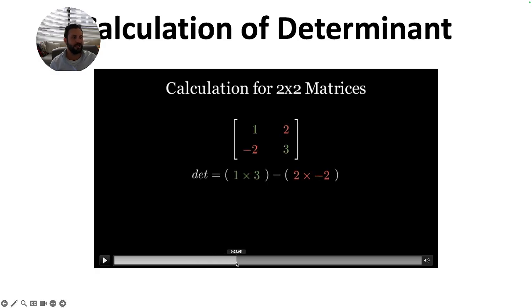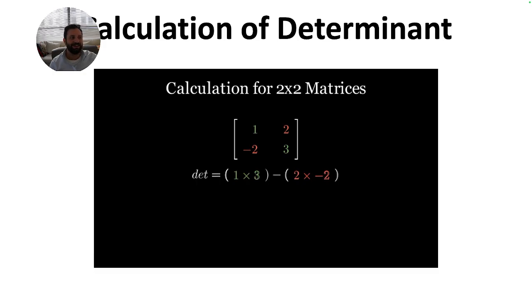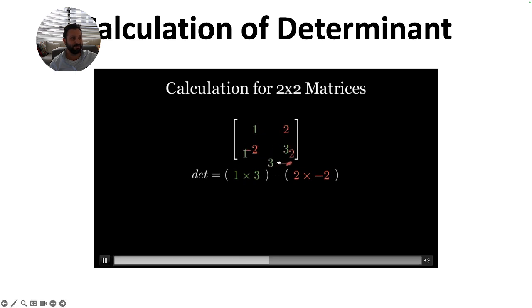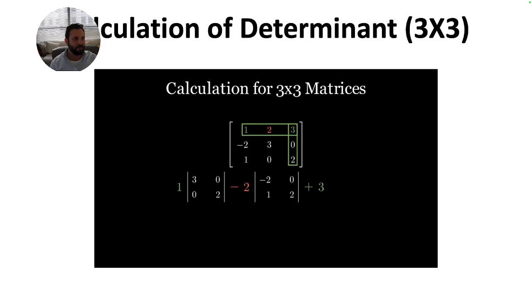What you do when you're calculating the determinant is you take the diagonal and multiply them, minus the off diagonal. Here the diagonal is 1 times 3 and the off diagonal 2 times -2, and this determinant results in 7.